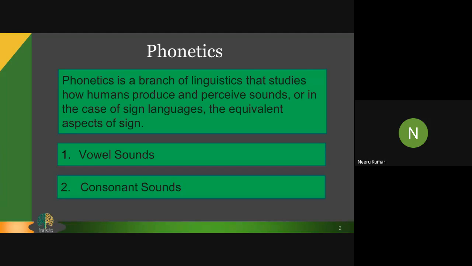All right. You will be a bit surprised to know that though there are only 5 letters, these 5 letters do produce 20 different sounds. You have heard me rightly. These 5 letters do produce 20 different sounds.